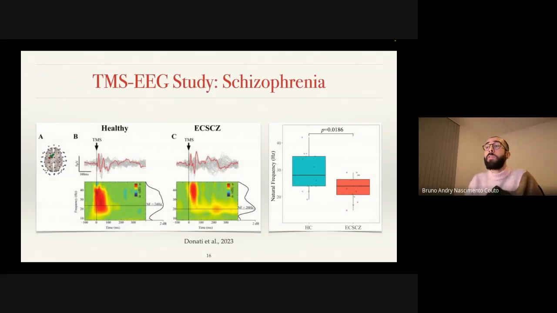Another very interesting study now regarding schizophrenia is the study from Donati. This group from Pittsburgh has a couple of studies, this is not the only one, where they investigate schizophrenia with TMS-EEG. I think this one is a very interesting one because they work with first episode patients.